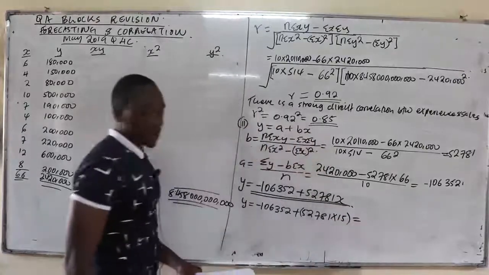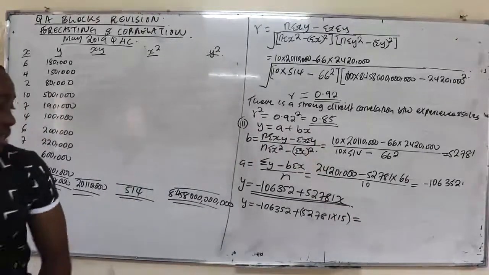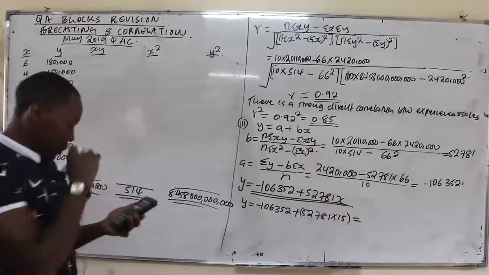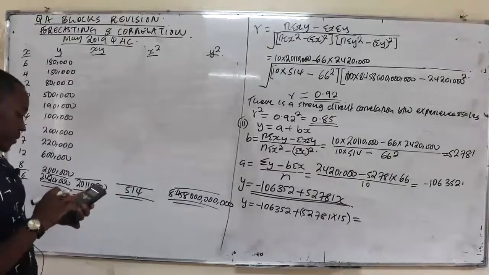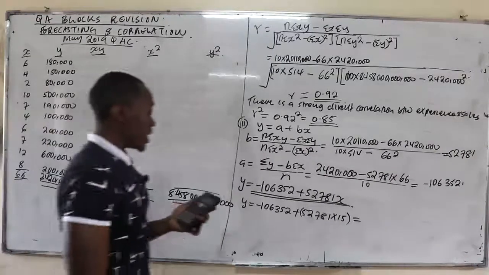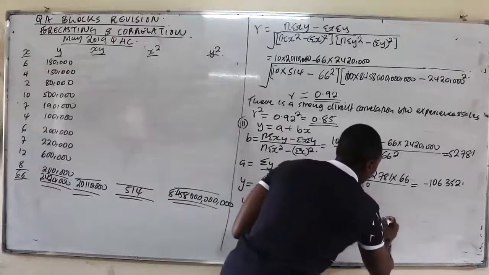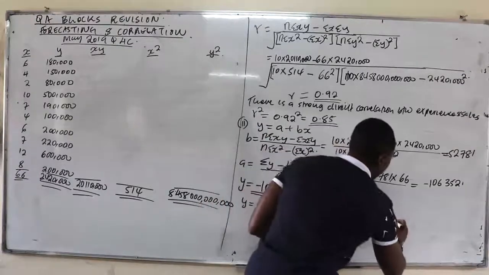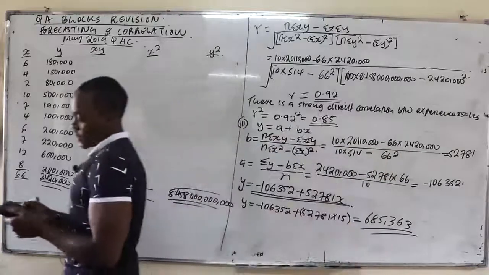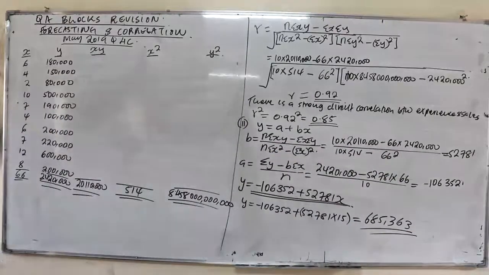So how much will be your monthly sales? And you get 685,363. Take a screenshot of that.